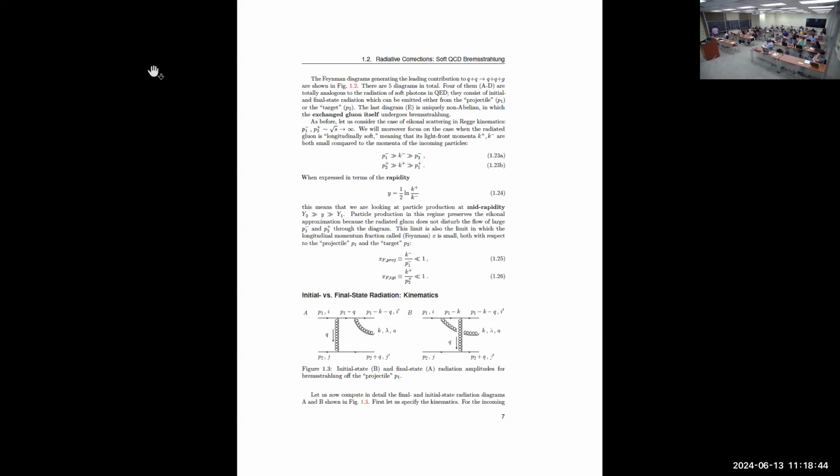Let's write it this way. T^A times T^B together has overall indices i prime i. That's the color rotation of the upper line. And then I have this color matrix T^B acting on the lower line, j prime j.